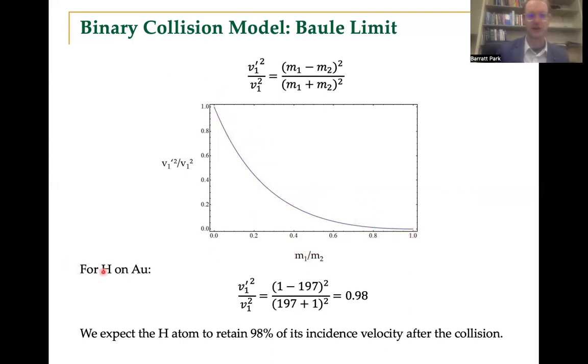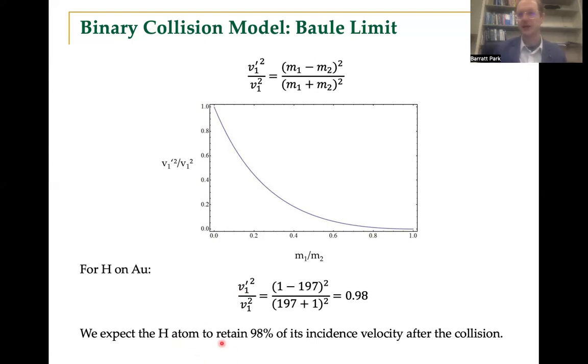For hydrogen atoms on gold, the mass of hydrogen is 1, the mass of a gold atom is 197 atomic mass units. So you would expect the ratio of v1 squared after the collision to be 0.98. In other words, you're only going to transfer about 2% of the incident kinetic energy to the gold atom, assuming that the collision happens between one hydrogen atom and one gold atom.